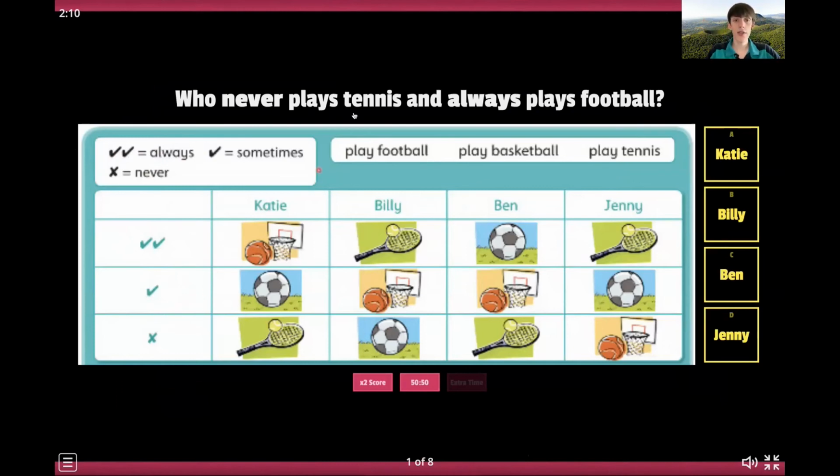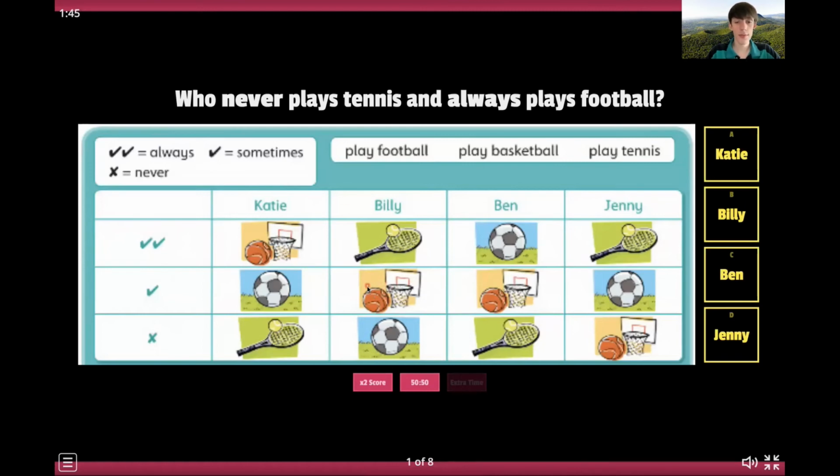So let's read some together. If we look at this part, we can say that Katie always plays, what is this? Is this football? No, it's not football, it's basketball. So Katie always plays basketball.